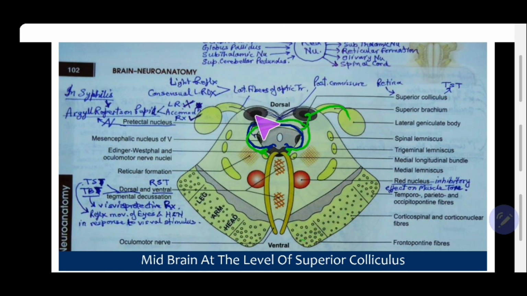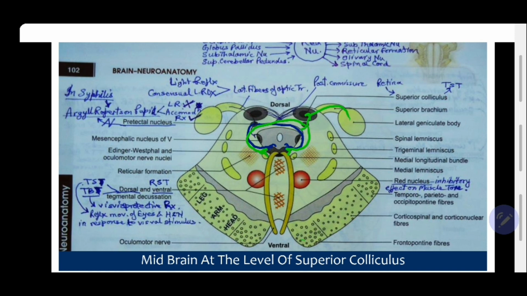This is the dorsal tegmental decussation. The fibers passing here are the tectospinal and tectobulbar tracts. Bulbar means the fibers that reach the motor nuclei of the brainstem, the 7th, 9th, 10th, 11th, 12th. The fibers reaching these nuclei are the tectobulbar tract, and the fibers reaching down to the anterior horn of the spinal cord are the tectospinal tract.